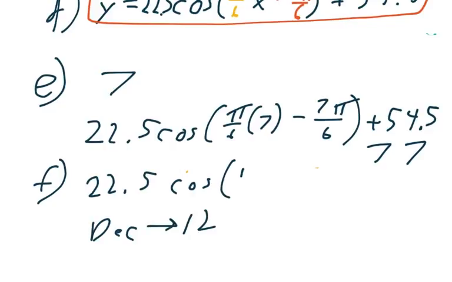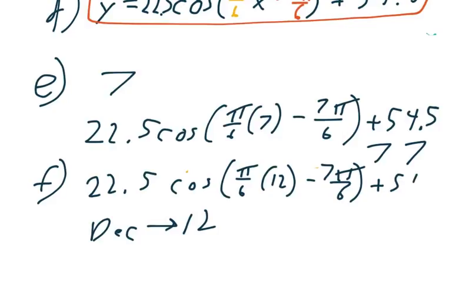So we got pi over 6 times 12 minus 7 pi over 6 plus 54.5, and in December we get the temperature of 35.01, which is close to 37. We're just off by a couple of degrees.